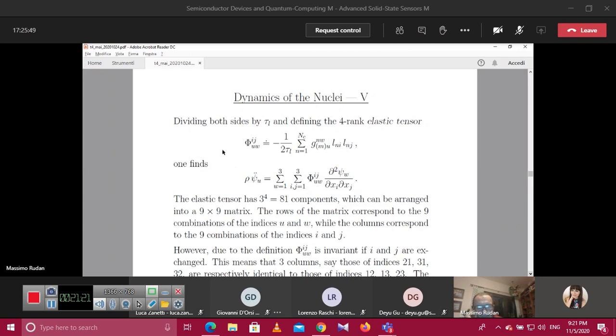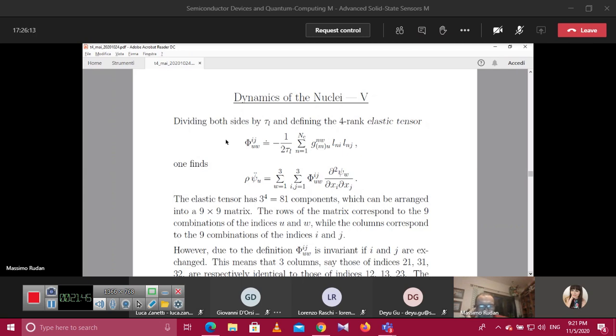So this quantity, capital phi, that depends independently on 4 indices, is a tensor of the 4th order or 4th rank. And this tensor is called the elastic tensor.